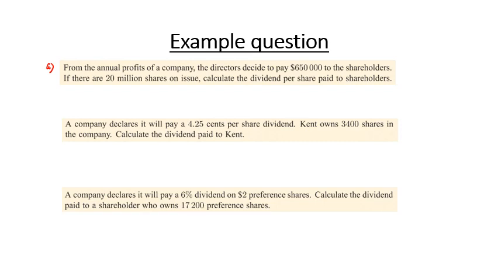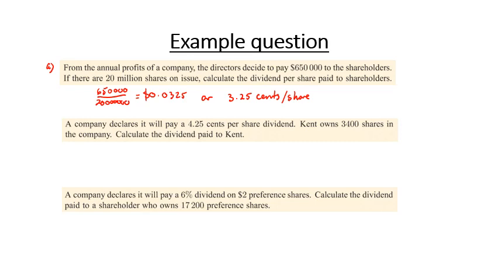So basically, we just need to divide our $650,000 by our 20 million, which is going to give us around about $0.0325 per share, but we can convert that into 3.25 cents per share.